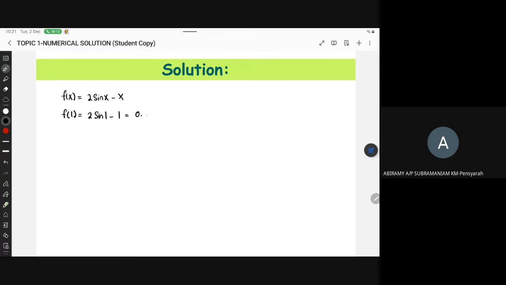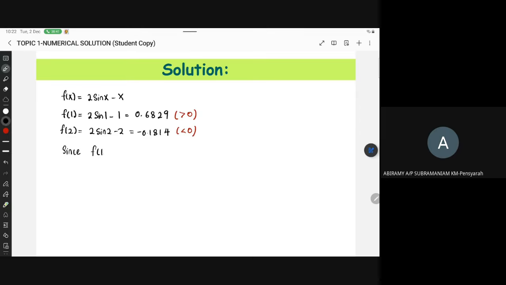So if you press this, you will be getting 0.6829, and the conclusion for this is greater than 0. Next, we are going to substitute f(2), 2 sine 2 minus 2, which will give us negative 0.1814, and the conclusion for this is less than 0. So how are you going to show that there is a root?